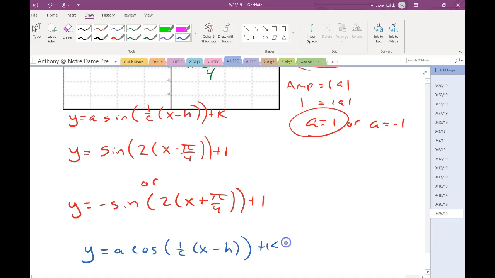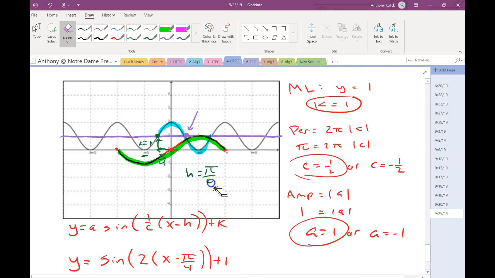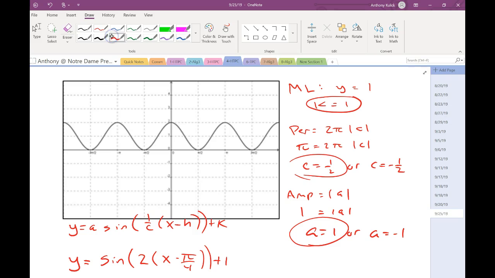So cosine is a sinusoid also. This particular problem is much easier if I'm using a cosine function. Let me illustrate why. I'm going to scroll back up to the graph here to do this. I'm going to erase all these horrific marks I've drawn all over this, and I'm going to sketch in the graph of the cosine function.